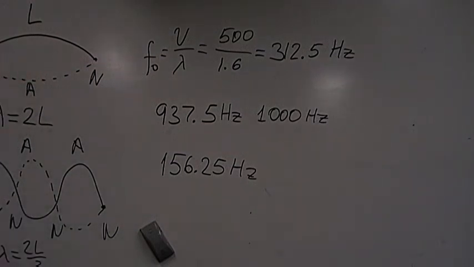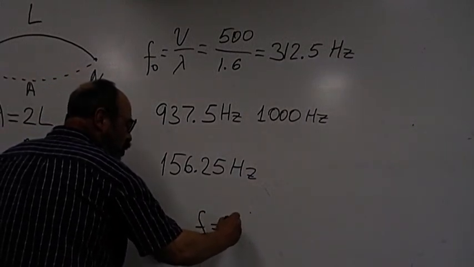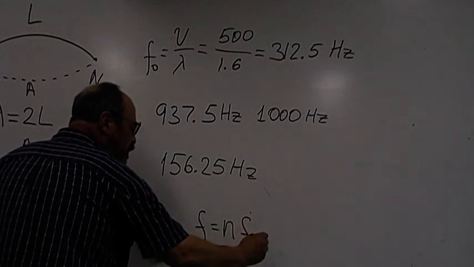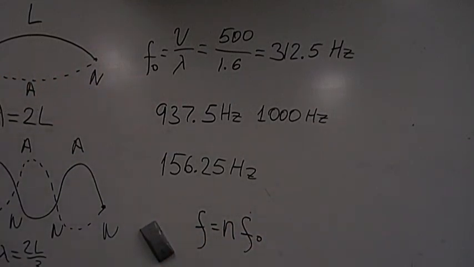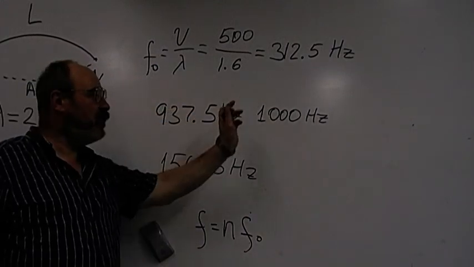Which of these can be created by that string? The first one, I think, because the condition is that the frequency has to be a whole number times the fundamental frequency. 937.5 hertz, yes, because this is 312.5 times 3.